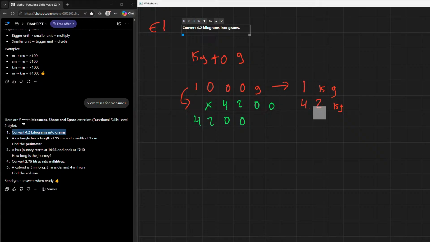I mean, in my mind I know that it is, but it's just how it goes. So here it should be 4.2, and we do 1 times 42, and then 1230 initially, but because of the dot we take one off.